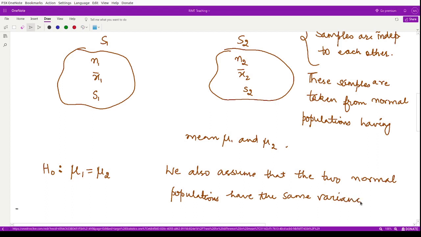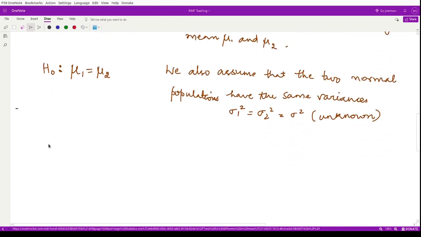That means sigma 1 square is equal to sigma 2 square and it is equal to sigma square. That means the variances of these two are the same, and moreover this is not known to us in the very starting. That means we have no information regarding the variance of these two populations.